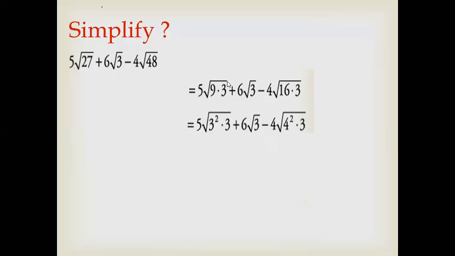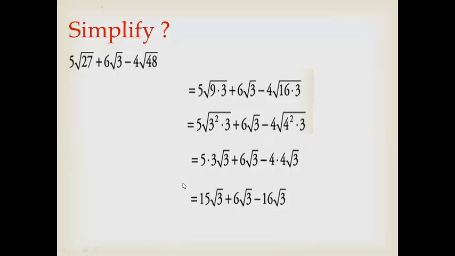Now 9 is 3 power 2, and 16 is 4 power 2. So the square root of 9 is 3, and you have 5 outside, so it will be 3 times 5, which is 15 root 3, plus 6 root 3. Now the root of 16 is 4, and you have 4 outside, so it will be 16 root 3. Now it will be 15 root 3 plus 6 root 3 minus 16 root 3.